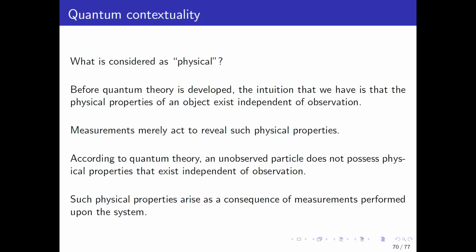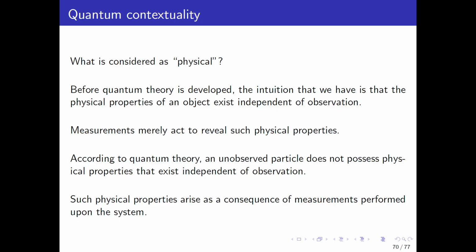And then there's also another thing from before quantum theory was fully developed. When you have this kind of classical intuition, basically what you think is that the physical properties of an object exist whether or not you do the measurement on it. So the action of measurement only tries to reveal what those physical properties are.